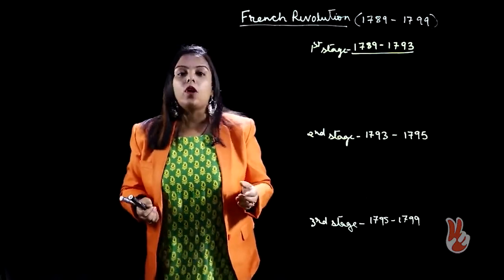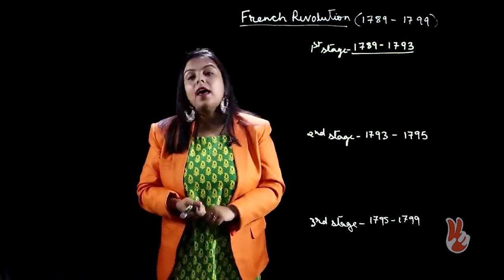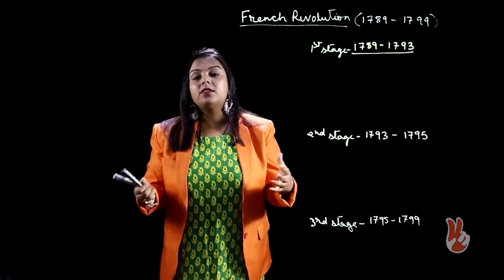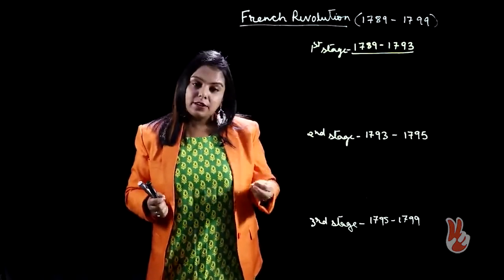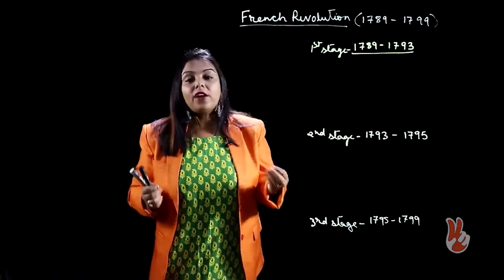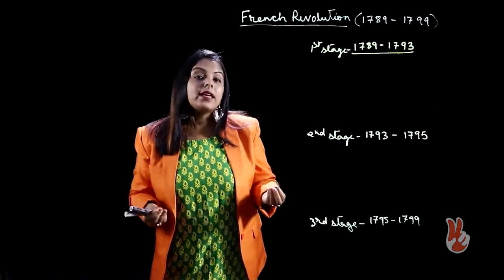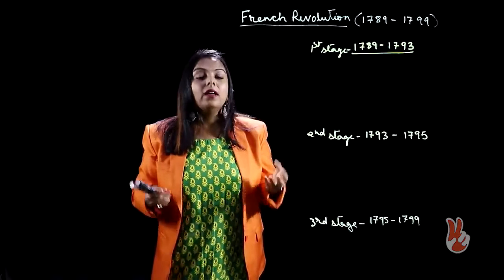In that crisis, when people didn't have enough money, France decided to support America in its war for independence. But right after that, Louis XVI, the King of France, decided to impose new tax on the masses.